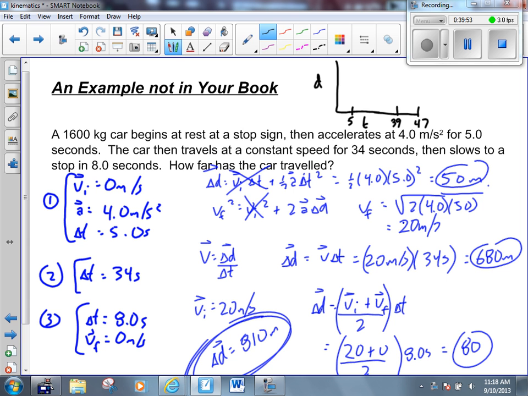We're starting off at 0. How far are we going? Looks like 50 meters. Running out of space here. Let's do it down here where we have some more space.